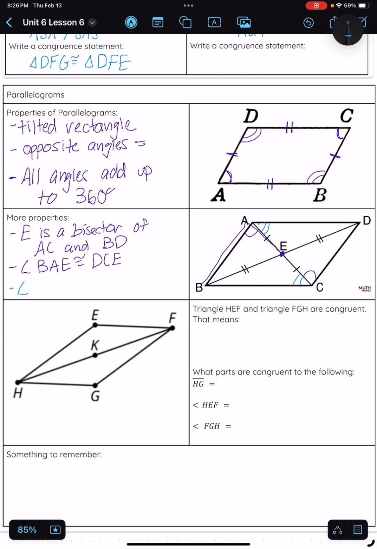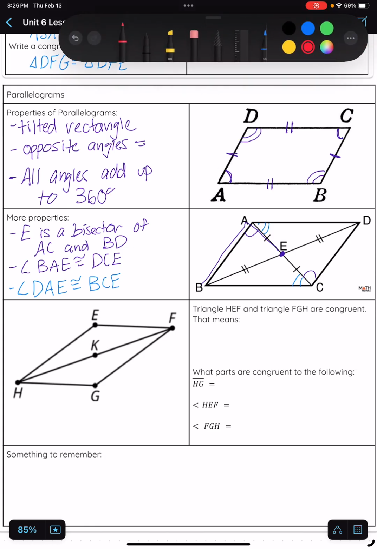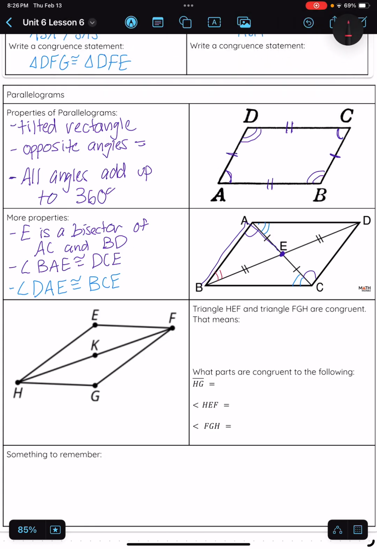So we have DAE, and that's congruent to BCE. And then this also applies to the other parts. Like this angle is the same as this angle.